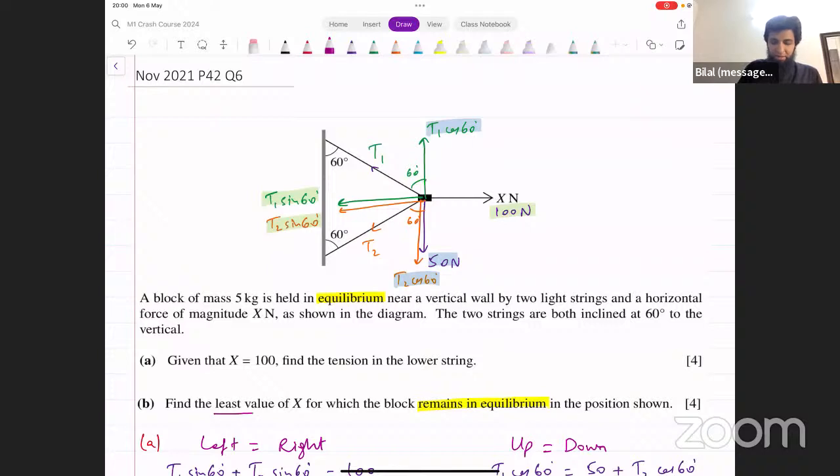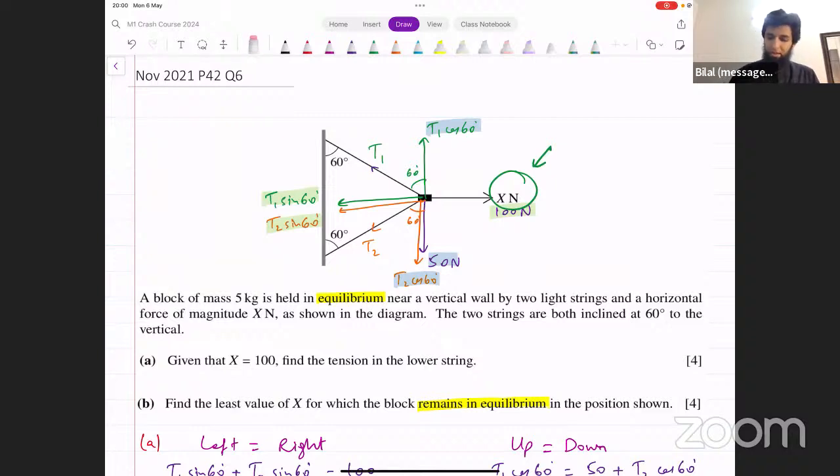They're saying find the least value of x for which this block remains in equilibrium in the position shown. This is the equilibrium position. You can see that in the diagram. What's the least possible value of x for which it would remain in equilibrium like this?